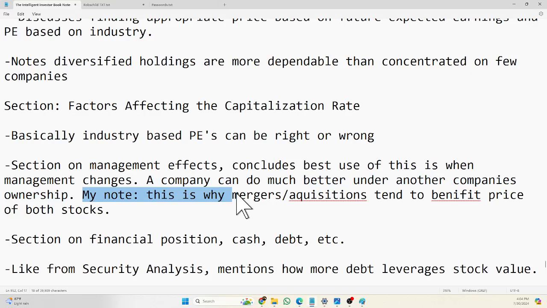And I want to note here, this is why with mergers and acquisitions, not just the company being acquired, but also the company that is acquiring, they tend to benefit in price, both the purchasing company and the company being bought, because of the change of management.